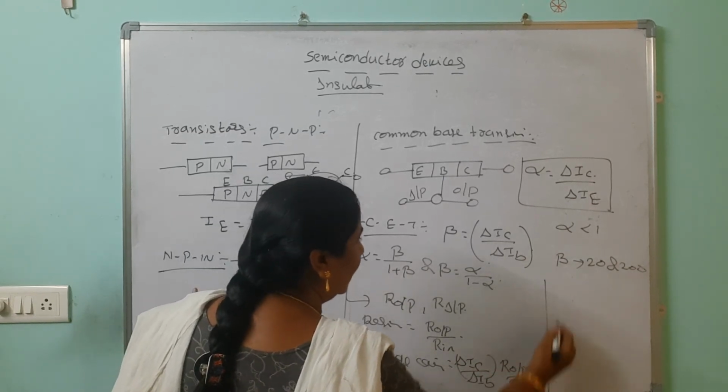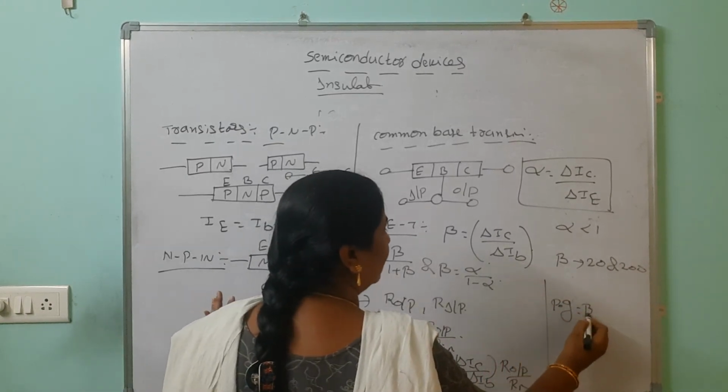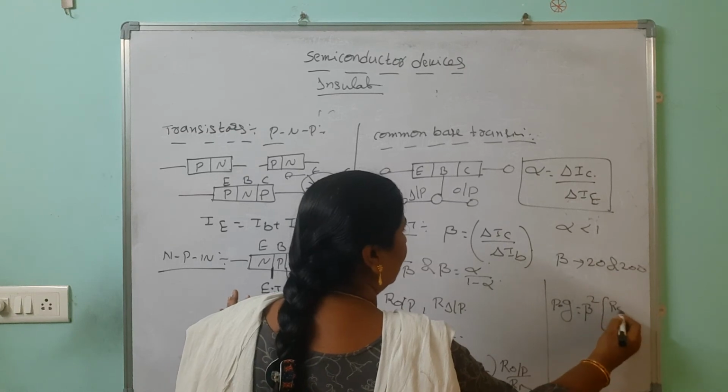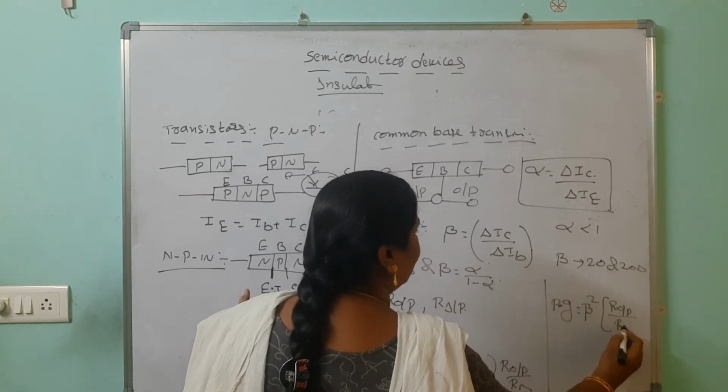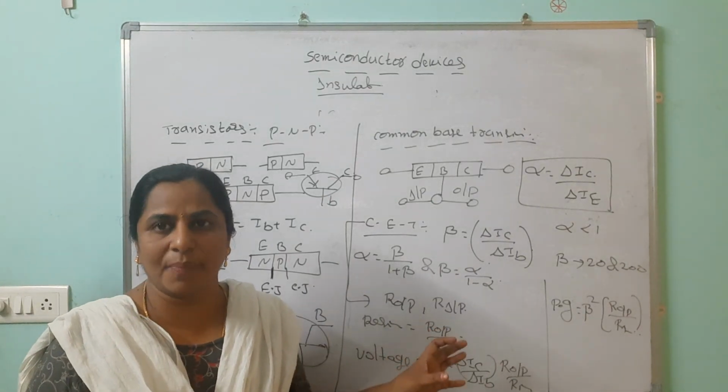Like that the voltage gain is current gain into resistance gain, delta IC by delta IB into R output by R input. Like that the power gain is beta square into R output by R input. These formulas you must remember because they will be mentioned in the question.